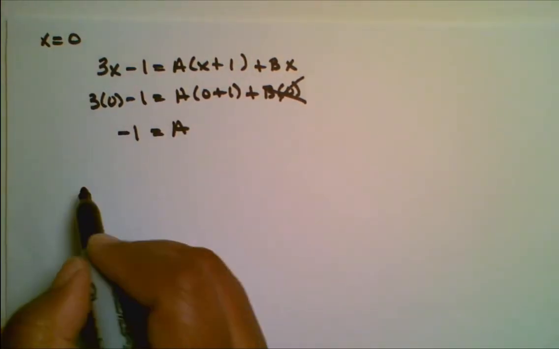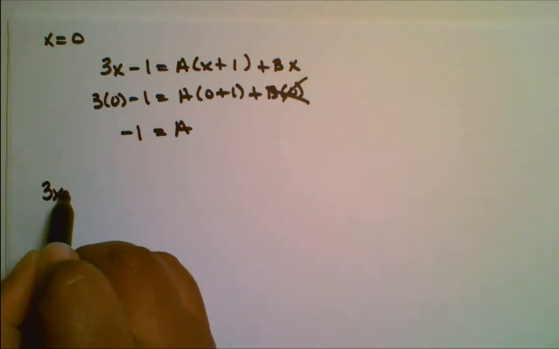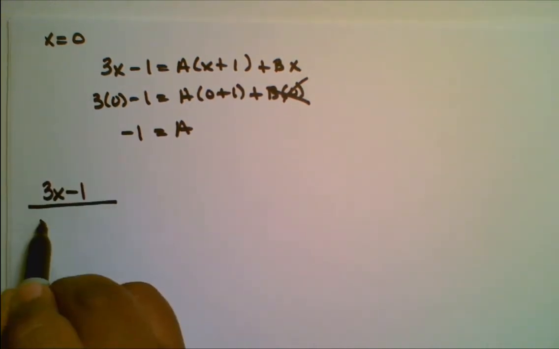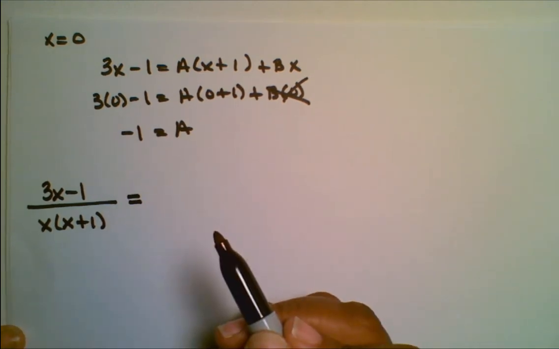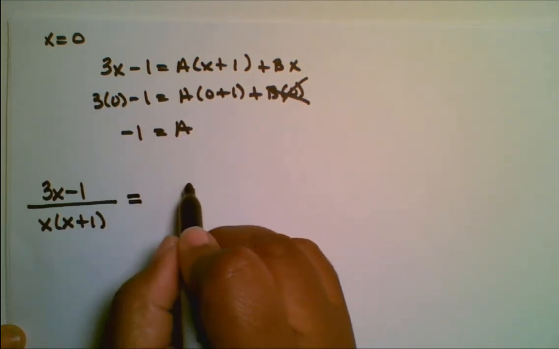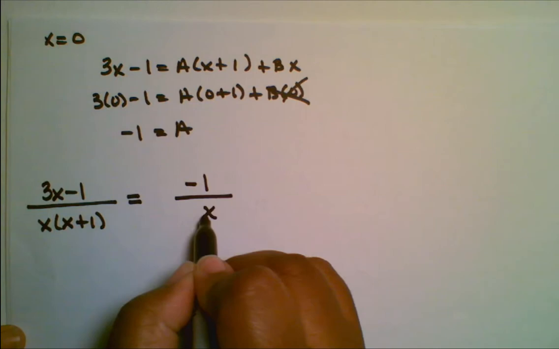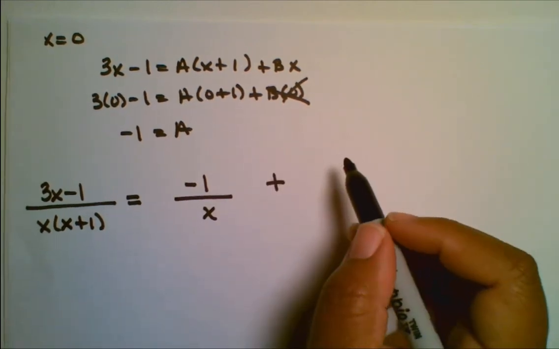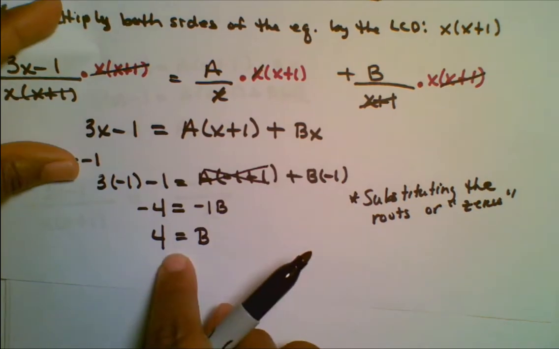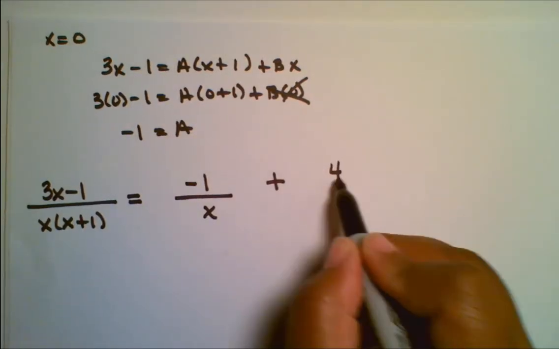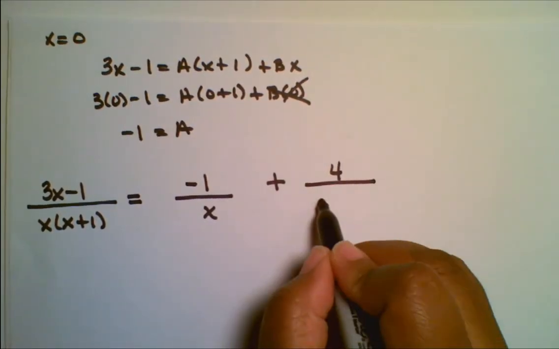Here's the question: 3x minus 1 over x times x plus 1 is equal to, we said a is negative 1 over x plus b, we said was 4. So we have 4 over x plus 1.